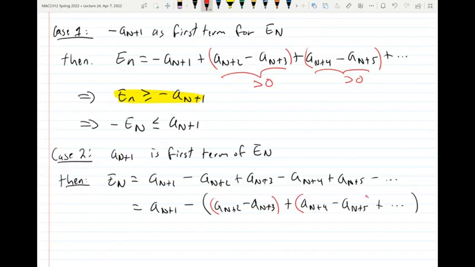And the point is that once again here we have positive stuff because of the monotonicity. So this big parenthesis is positive, and now we have a positive number minus something positive. So whatever this is going to be less than this guy.